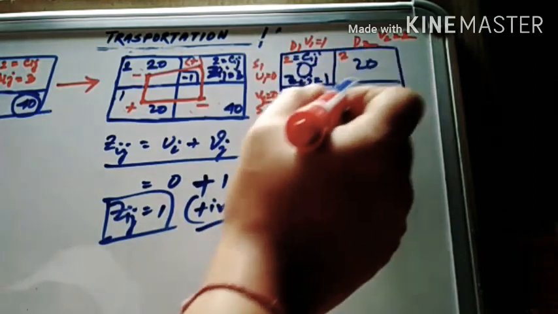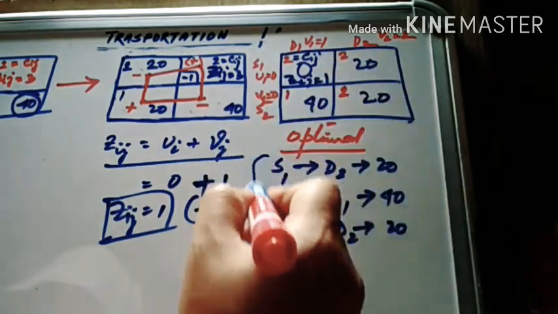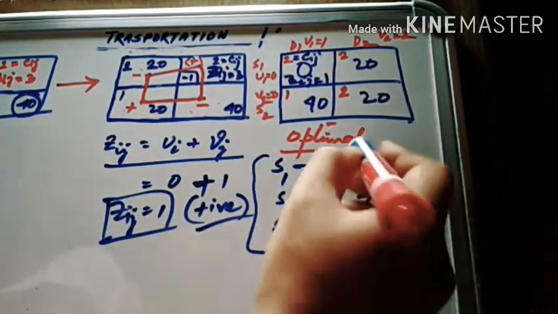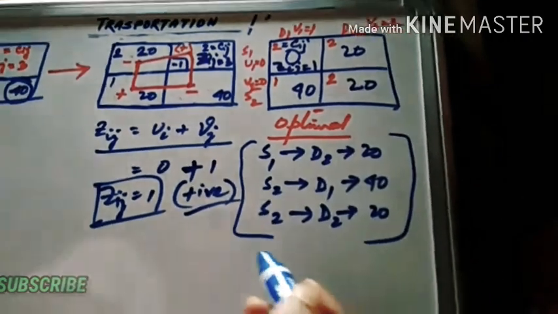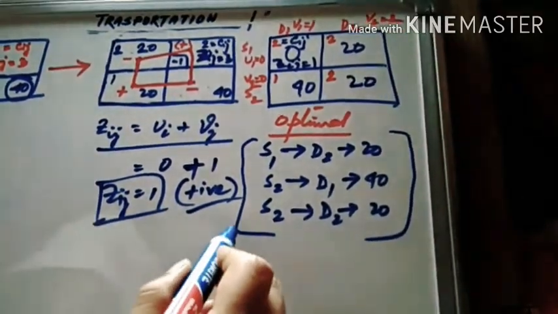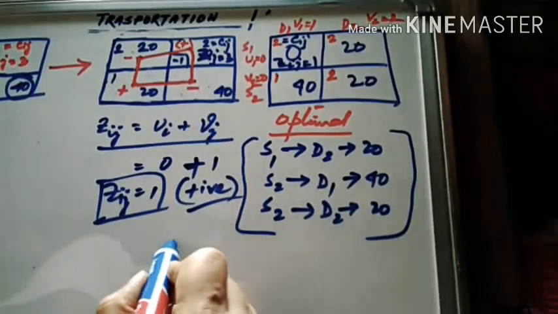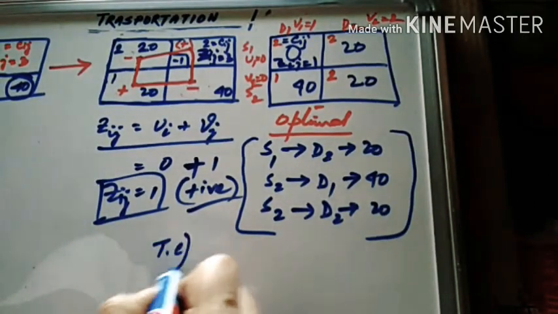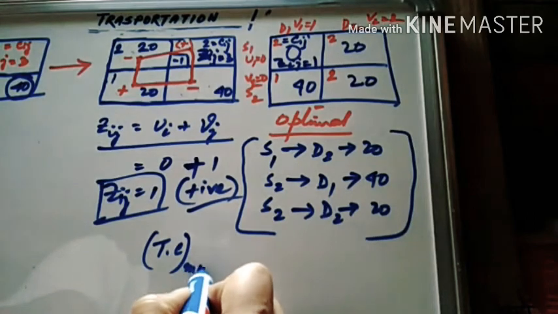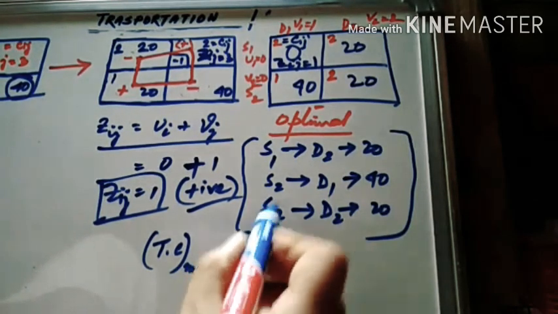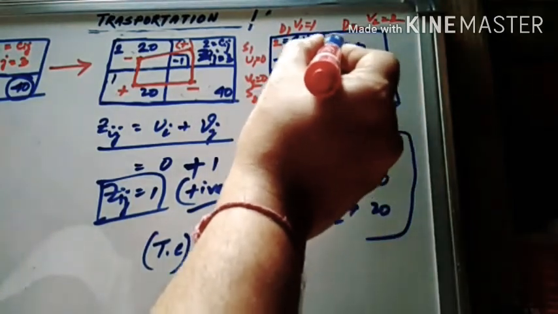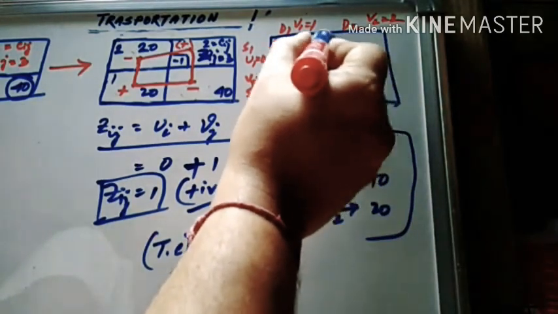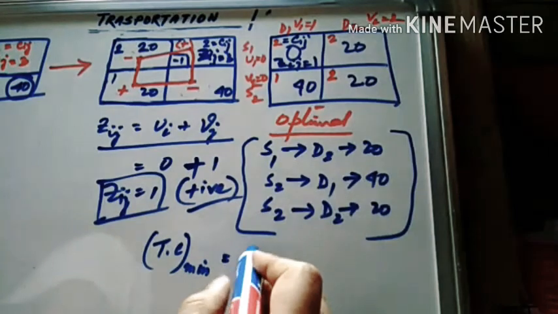So we are taking only the allocated cells. These are the total costs incurred for transporting. To calculate the minimum cost, we perform the same rule: multiplying the allocations with the cell values and adding them up.